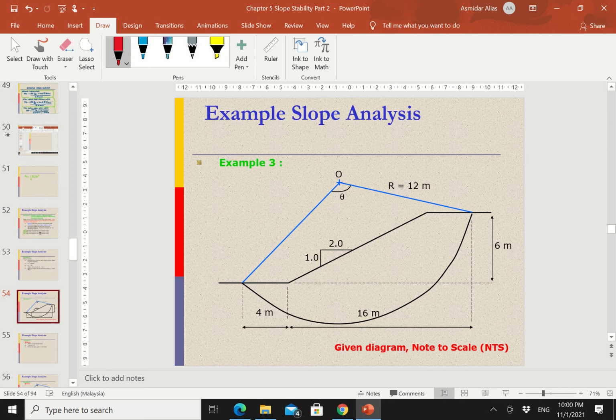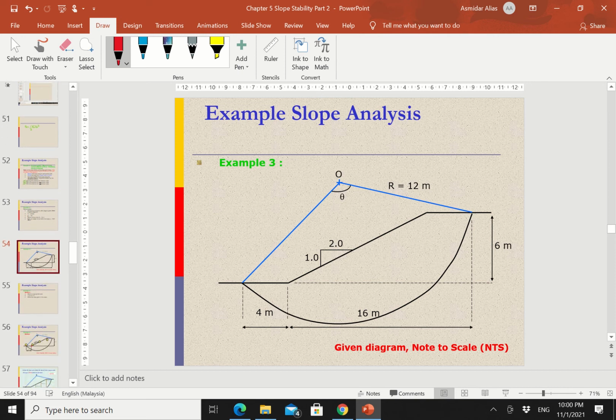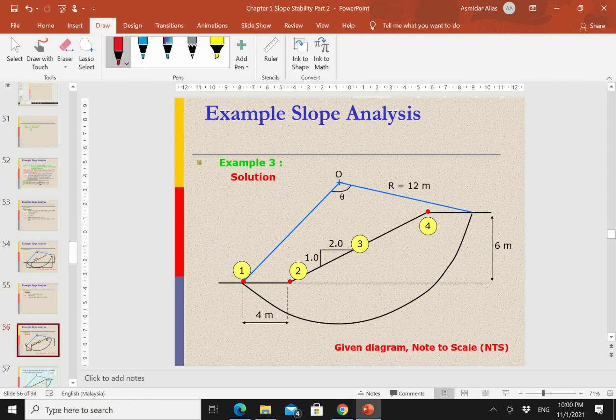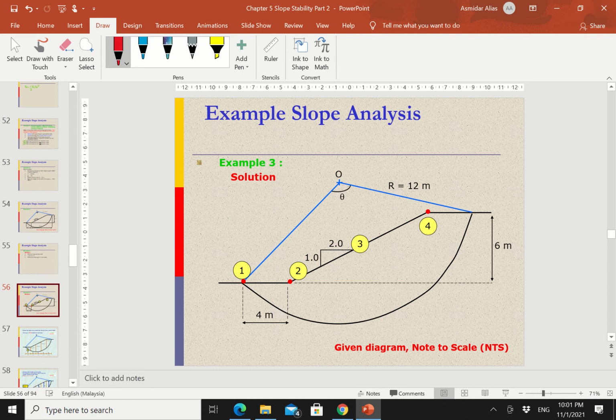Okay, next is to do the drawing on your graph paper. Draw according to what has been given in the question, and then transfer it to the graph paper using an appropriate scale. The drawing process is the same.